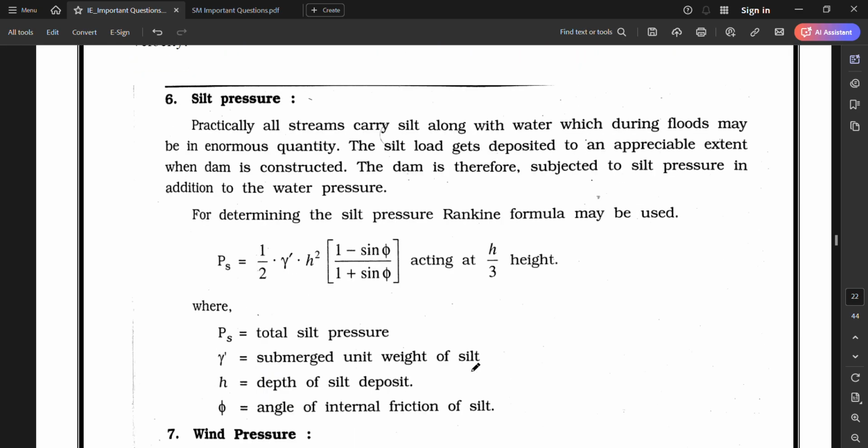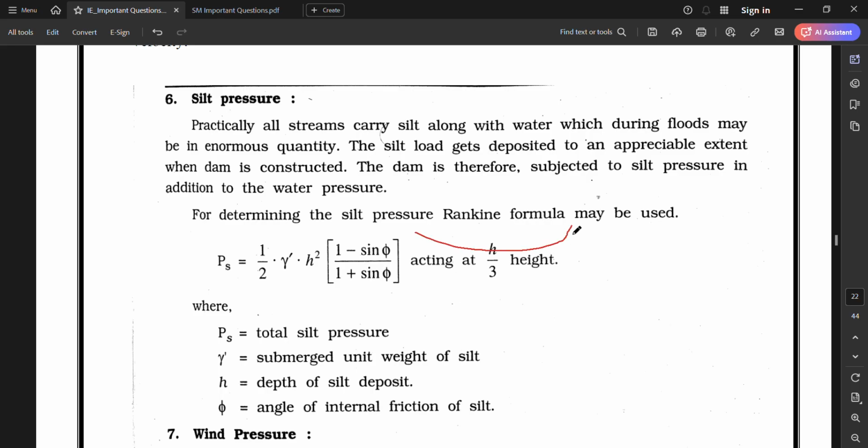Now sixth is silt pressure. Practically all streams carry silt along with the water, which during floods may be in enormous quantity. The silt load gets deposited to appreciable extents when the dam is constructed. The dam is therefore subjected to silt pressure in addition to water pressure. For determining the silt pressure, we have the Rankine formula.